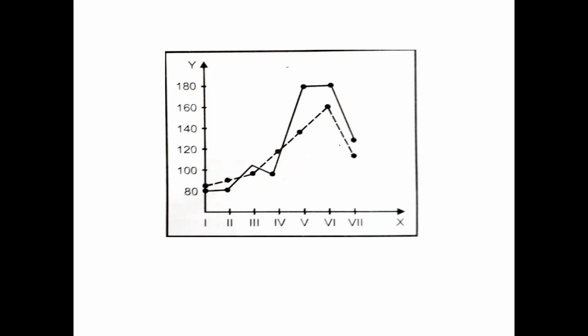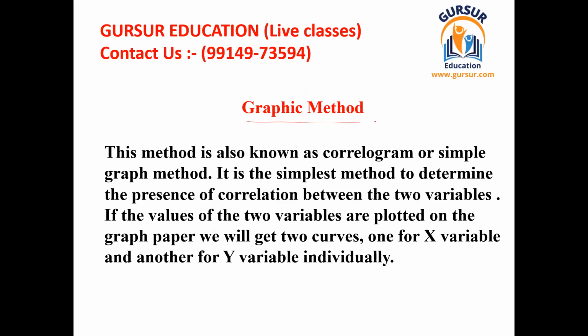When we make separate lines for both of the variables, this diagram is known as a graphical representation method for knowing about the variables. This is also known as a parallelogram or simple graph method.